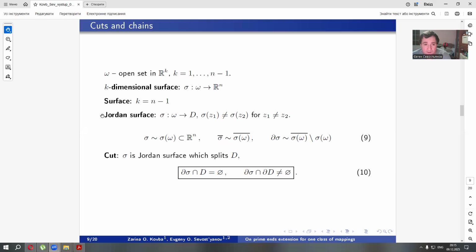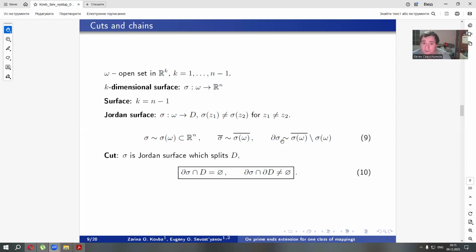A Jordan surface is a surface without self-intersection. In what follows, we also write sigma instead of sigma(omega), sigma-bar without sigma(omega)-bar, where this line, as usual, denotes the closure, as I have said above.